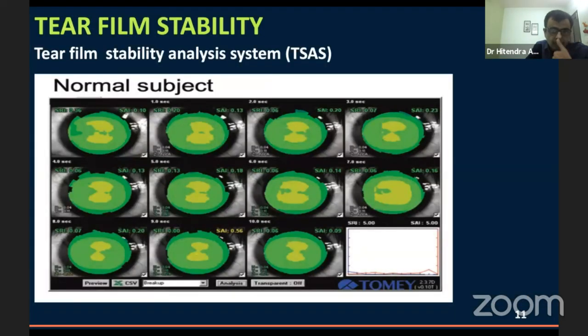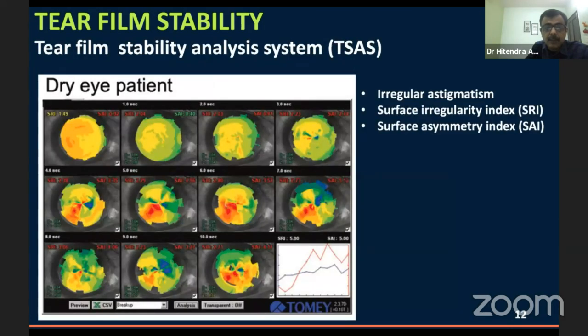But if we don't want to use any fluorescein, there is now the tear film stability analysis system, TSAS. Here we don't have to use fluorescein to screen a dry eye. Over a period of time, very quickly the irregular astigmatism will increase in such patients, the surface irregularity index will change, and the surface asymmetry index will change.